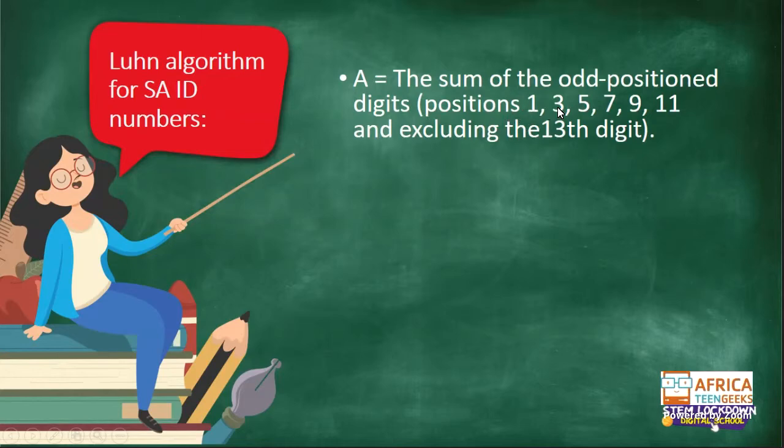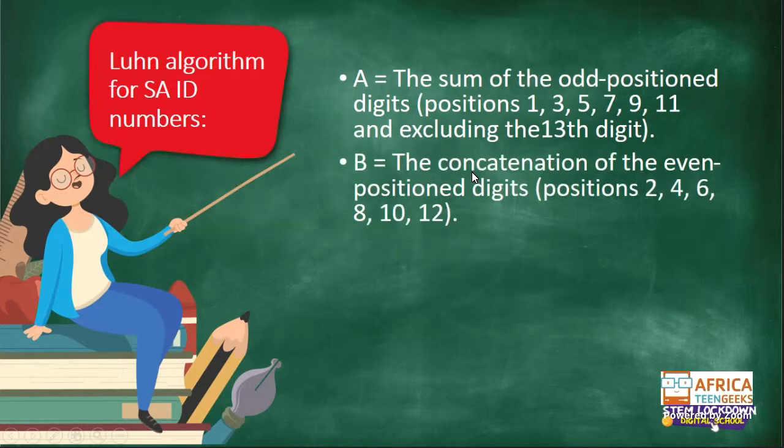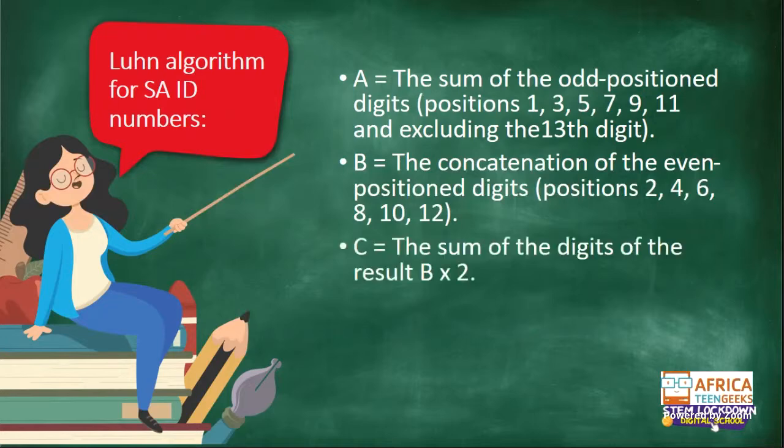So we take every odd position number, and what do we do with them? We add them together, and we store that in A, for instance. And then we take the even numbered digits and we concatenate them. And what I said yesterday is you sort of join them together. You're not adding them mathematically, see it as adding strings together. And then after I've joined them, we multiply it by 2, and then we take the individual digits of this multiplied result and we add those digits together.